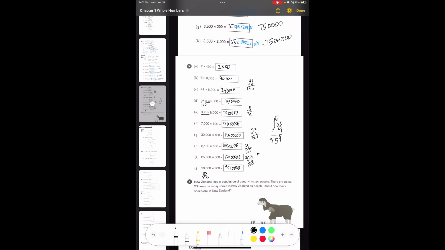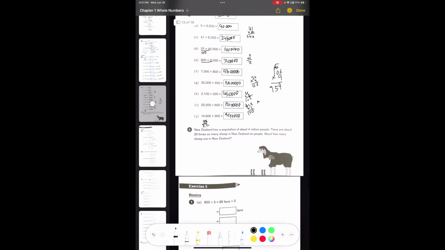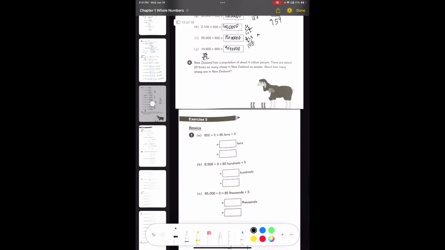And this is the answer for number 5. All these are the answers. I basically just did exactly the same thing and put everything back together, and that's your answers. Now moving on to the word problem.